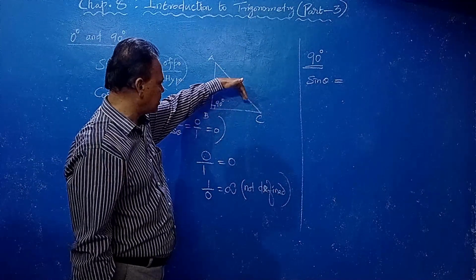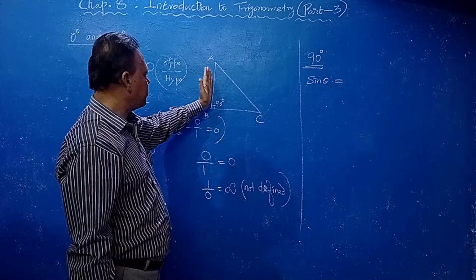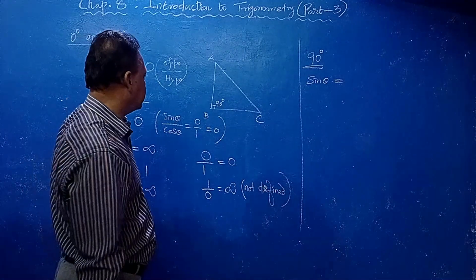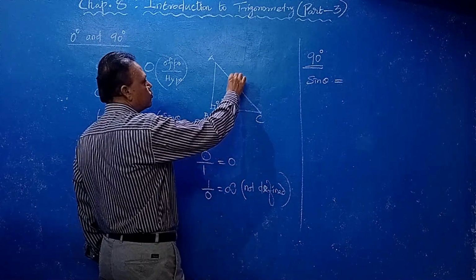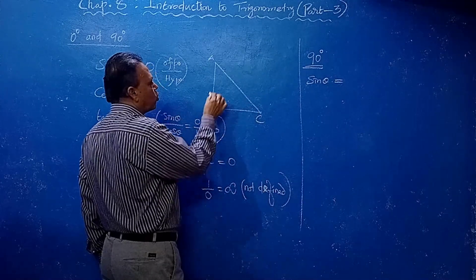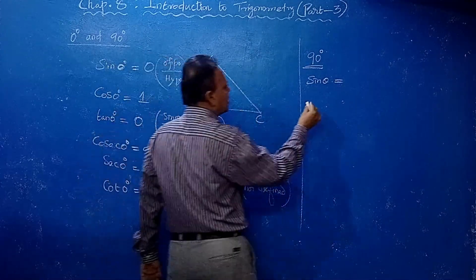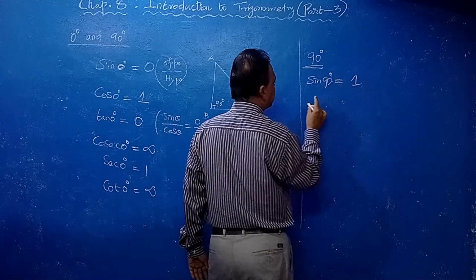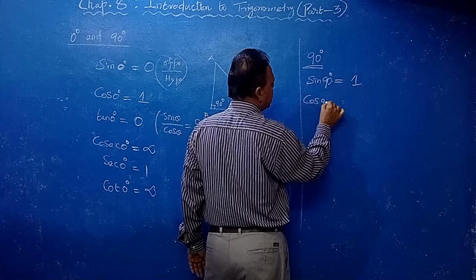This angle 90 means it is coming like this. So AB by AC. Understand? Both will be coincident, then only it will be 90 degrees. So AB by AC means 1.